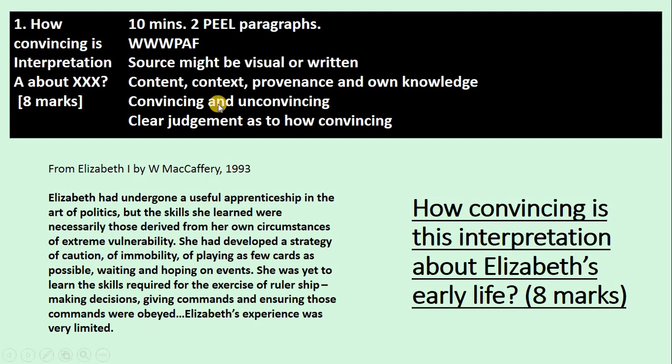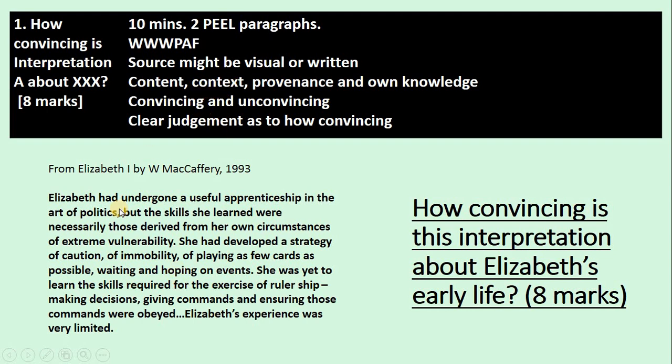So with this structure, once we've done WWWPAF, we can get down to writing the 2 PEEL paragraphs. We just said the source might be visual or written. We're going to focus in our answer on content, what it says in detail, breaking it down, deconstructing it.